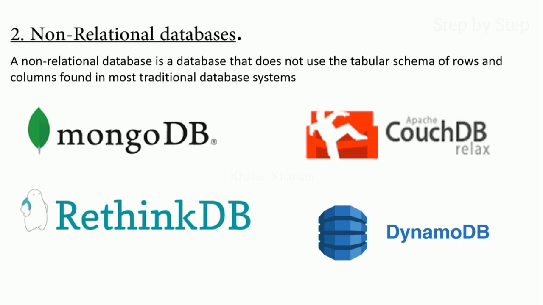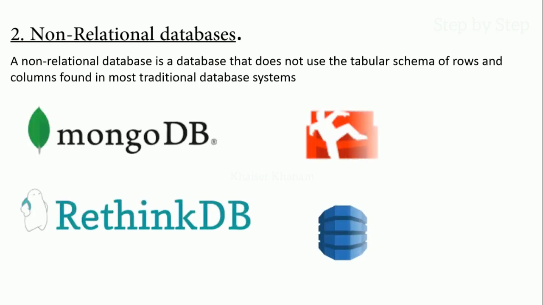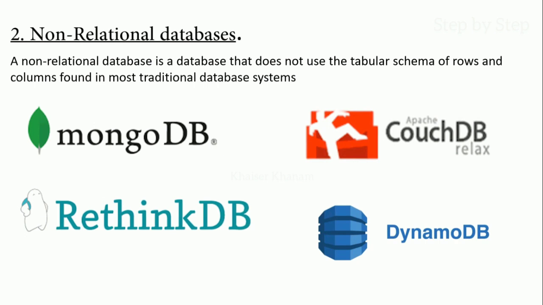There are many databases available in the market, so you should know the difference between relational and non-relational databases, and then decide which one to select based on the project requirement. You don't have to learn all the databases, but you should know the basic difference between relational and non-relational databases, so that you know when to use each.